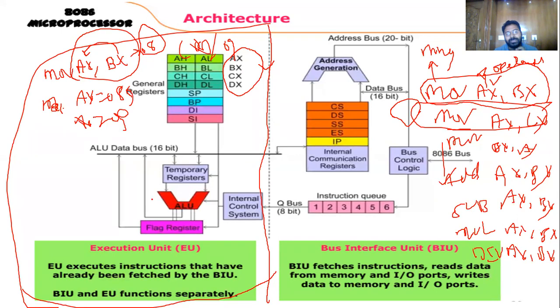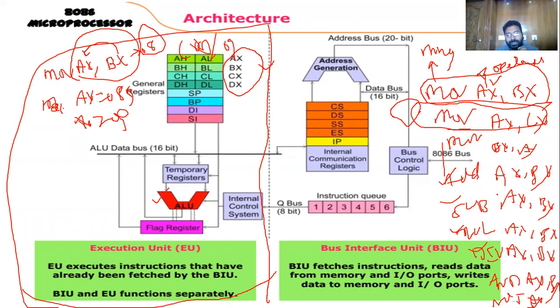Like this we perform the addition operations, which come into the ALU. Subtraction, multiplication, division, AND operations, OR operations, and so on, you write the program like that. These instructions are performed by the ALU.